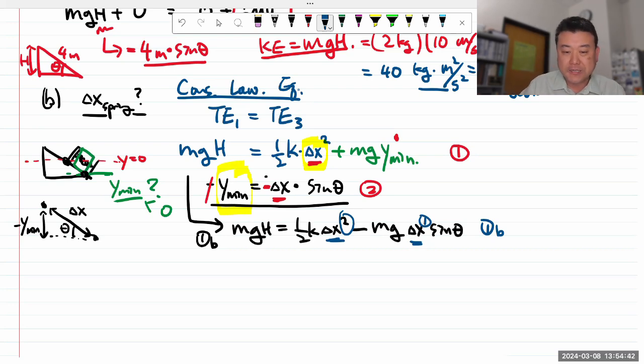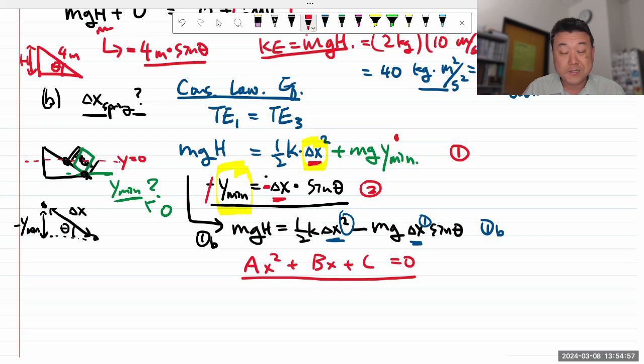I'm going to put this into standard form. Standard form, in terms of applying the quadratic formula, is ax squared plus bx plus c equal to 0. The reason we need the standard form is because that's how we all have the quadratic formula memorized.